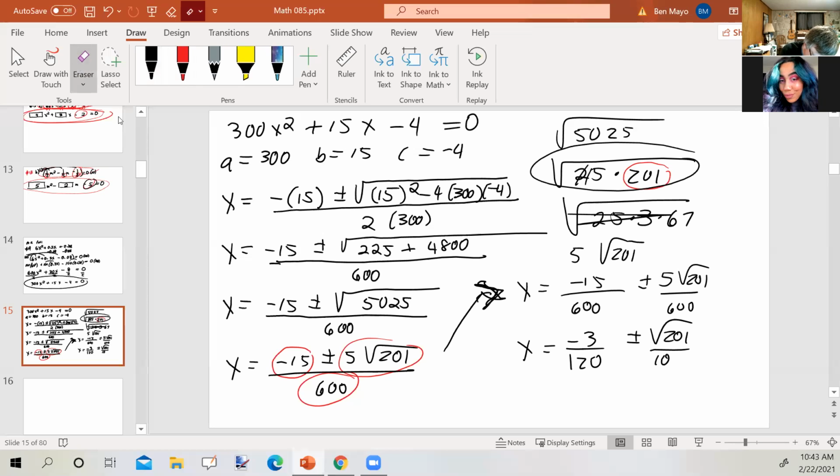Oops. Some days my eraser just, there we go, doesn't want to work. Over 120. And in fact, I suppose I could put that back together. 201, slow down.